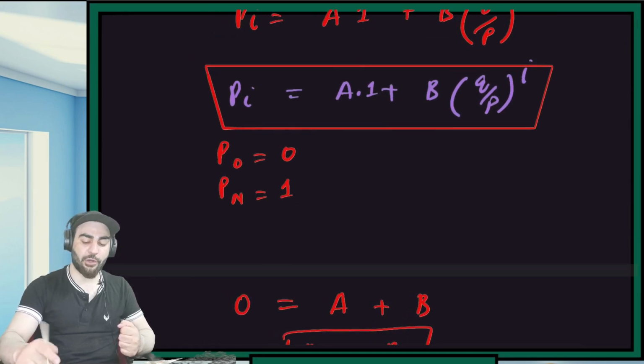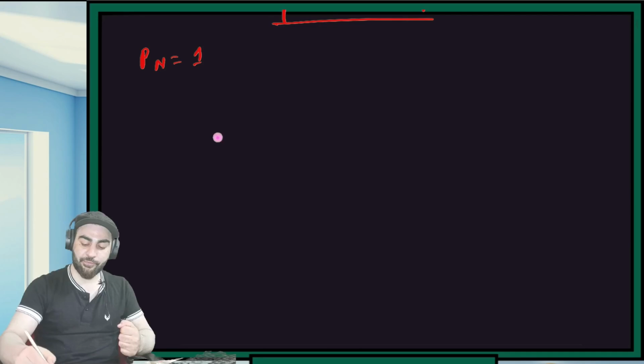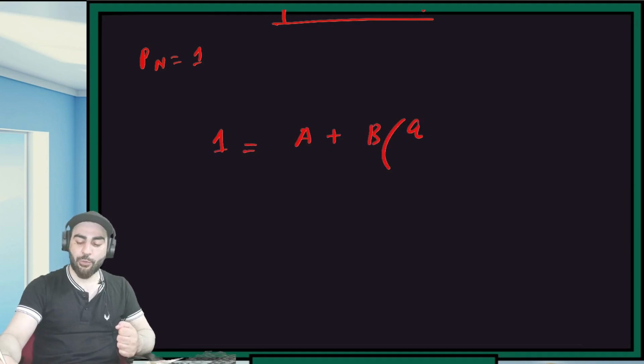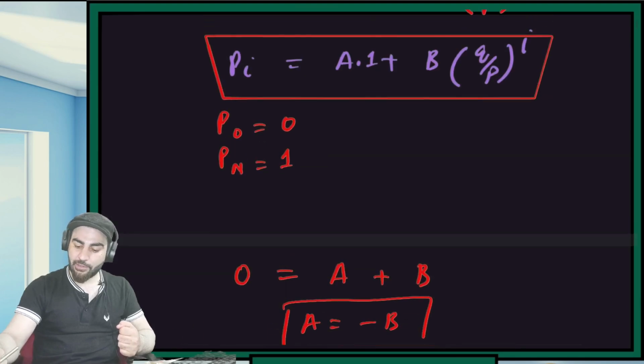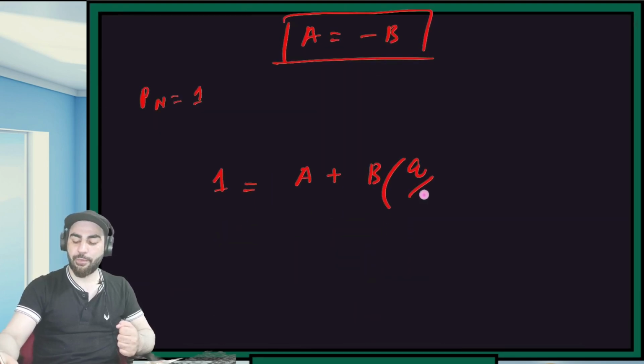So p of n is equal to 1 on this side, so 1 is equal to a plus b (q/p)^n.